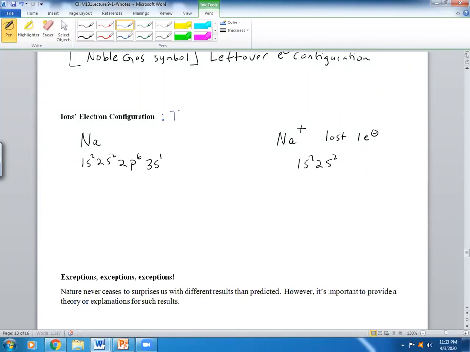Take out, you will never go wrong from here. Take out or add electrons to the highest energy orbital.